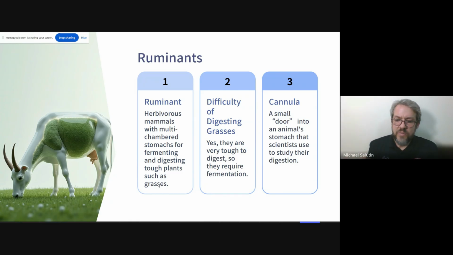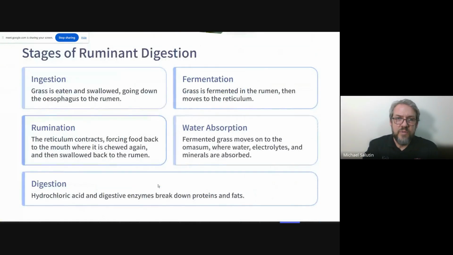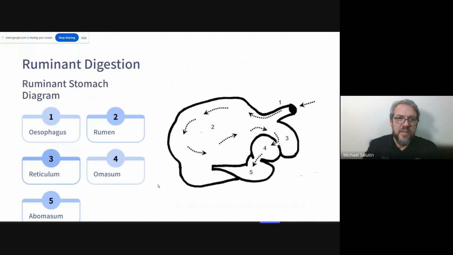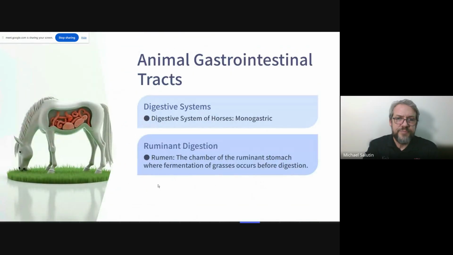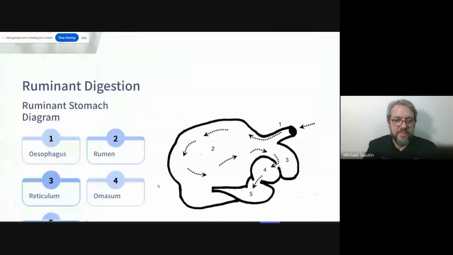Okay, so just to go back and review a bit, this is ruminant digestion. For ruminants, the rumen is the organ that gives the name to ruminant.